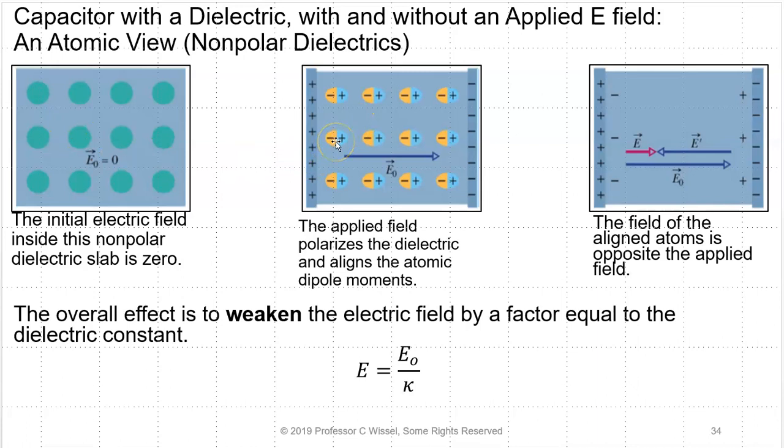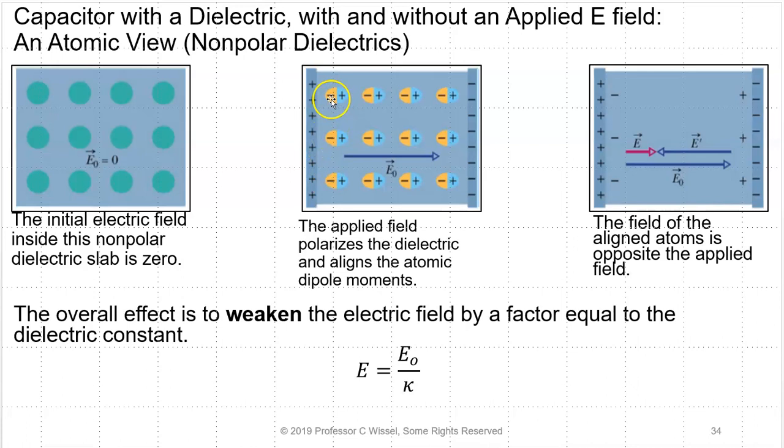Now, when you apply a field, it polarizes the dielectric and aligns the atomic dipole moments. So here's the positive side, here's the negative side. The electron clouds have a tendency to get tugged toward the positive side. The nuclei actually don't usually move. The electrons usually move more than the nuclei do, but they still end up with a charge separation.